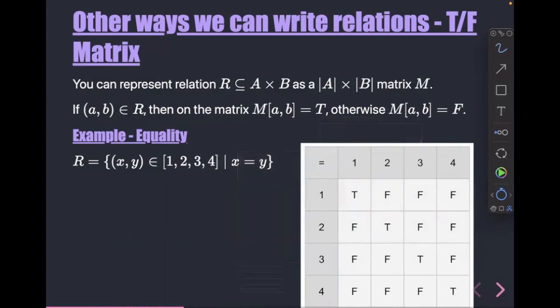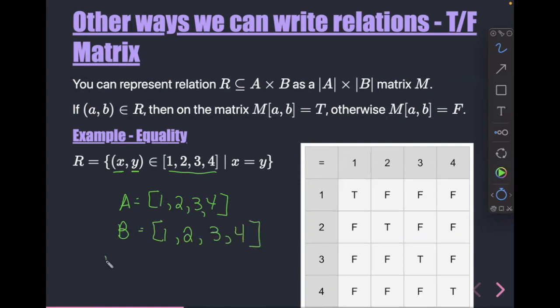So this equals relation R, where it's pair X, Y, and you have the numbers 1, 2, 3, 4. X and Y are both in this set. So that means your set A is 1, 2, 3, 4, and your set B is 1, 2, 3, 4.